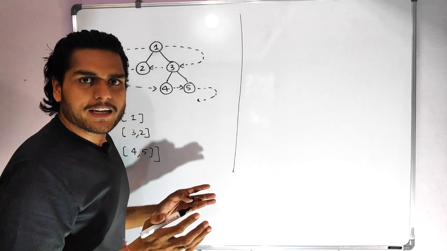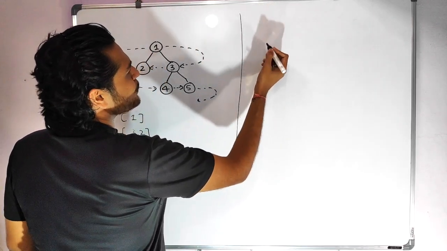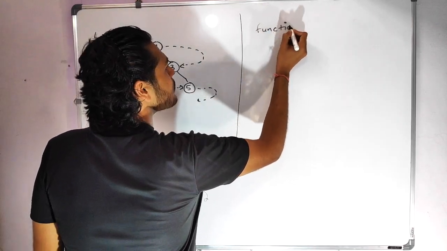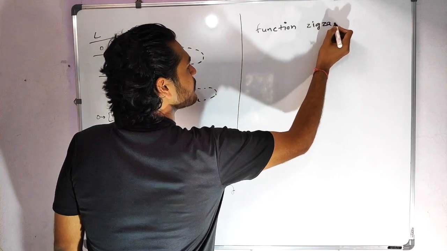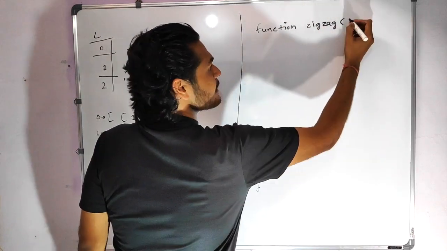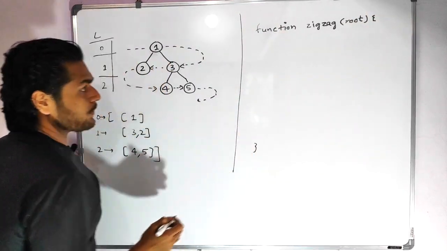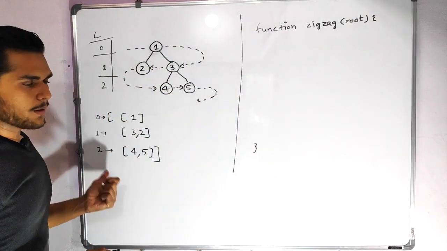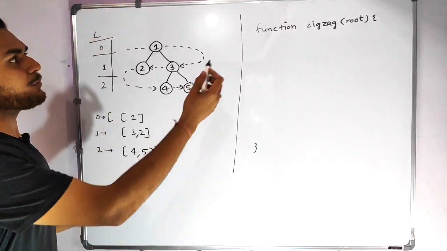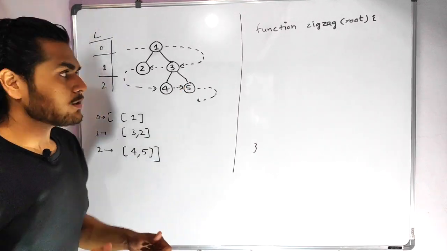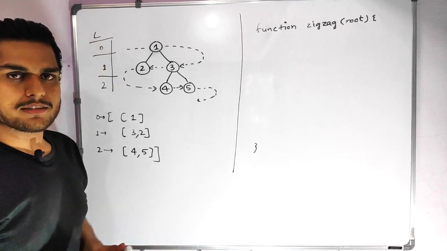This is a Leetcode medium problem, and in this we have to write a function, zigzag, which takes root as an input and returns an array of arrays. So let us see how we are going to do this.